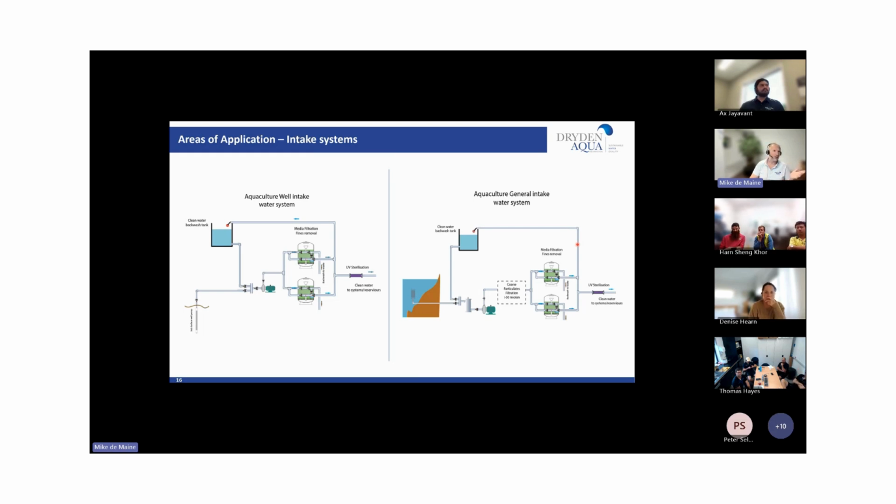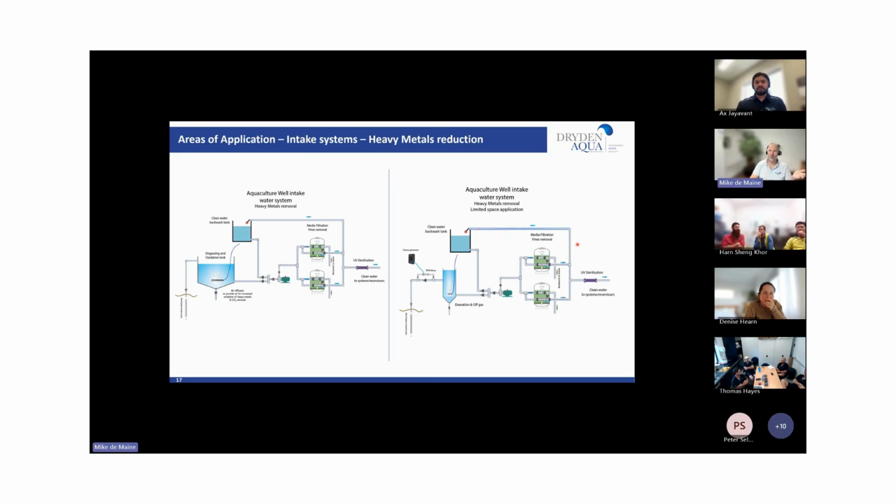I know that we've done a few intake seawater systems with you guys for research. Norway, also Kingfish Netherlands uses our media for both their seawater intake systems and their hatchery systems. The Kingfish Maine is also going to be using it. So seawater intake systems is where we have historically always performed in aquaculture.